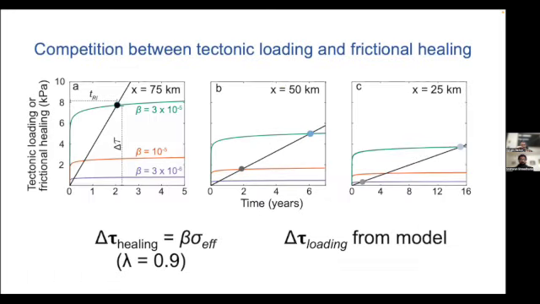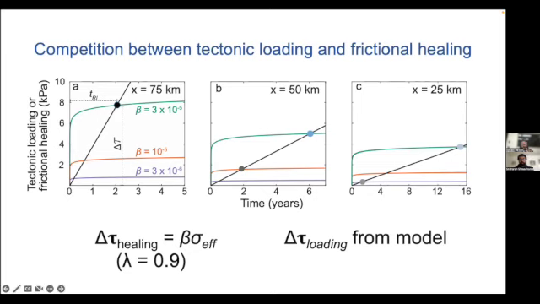Okay, so we're looking at the competition between loading, which increases linearly with time, which is the black curves in all of these plots, and frictional healing, which increases logarithmically with time, which are the green, orange, or purple curves. So we convert the frictional healing into a stress change by multiplying the healing rates with an effective stress.